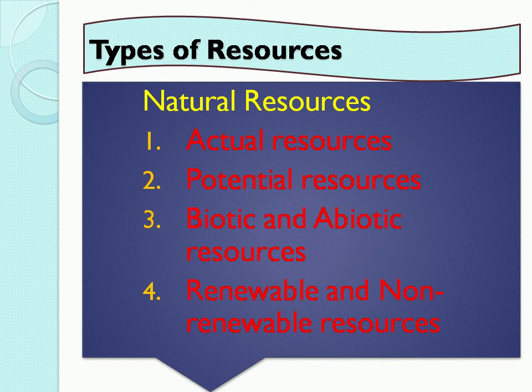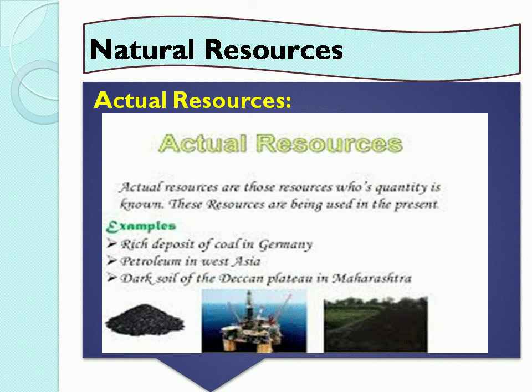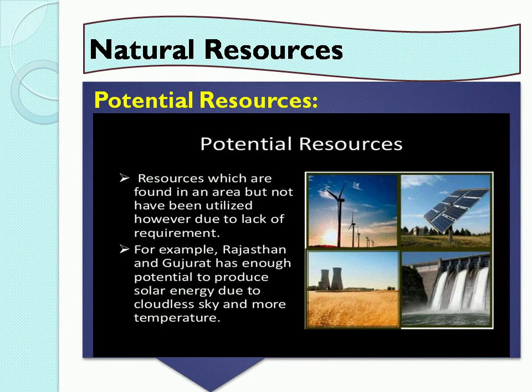See the first one, children, actual resources. What do actual resources mean? Actual resources are those resources whose quantity is known. These resources are being used in the present. For example, petroleum in West Asia. See the next resource, children, potential resources.